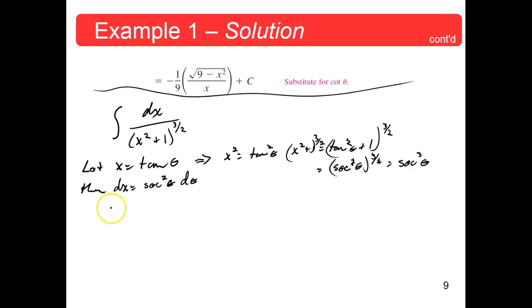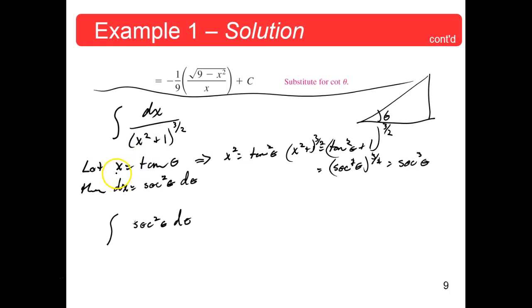All right, let's see what that leaves us with. Here is the integral. Your dx is secant squared theta. Oh, one thing we didn't do, did we? Our little triangle. Don't forget your little triangles. Okay? There's your theta. Let's go back here and, oh, it's already written for us.